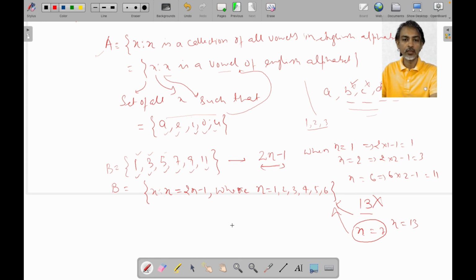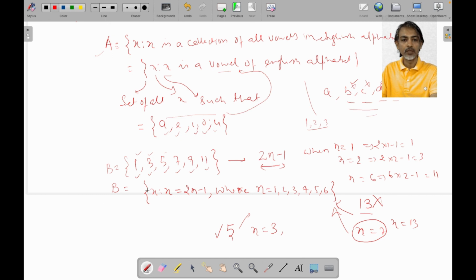Then someone will ask, okay, does 5 belong to this set? Okay, yes, for n equals 3, my 2n minus 1 will become 5, so because of this reason, this will belong to this set, right? So this is how we represent it.